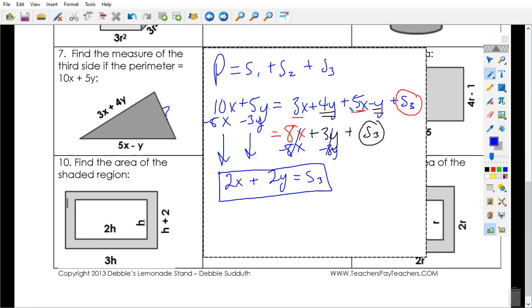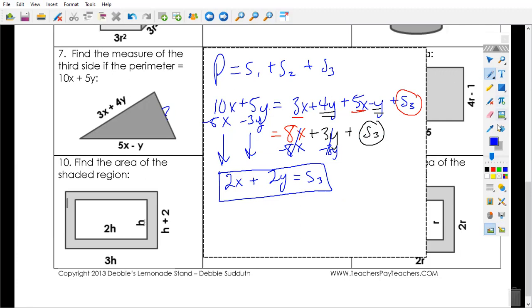So we combined the 2 sides that we knew. 3x and 5x made 8x. 4y and -1 made 3y. And then we had to get our unknown side by itself. So it's subtracting. We just subtract it to the other side. Now I understand. I thought those were S's or Y's for a second. It's side 3.